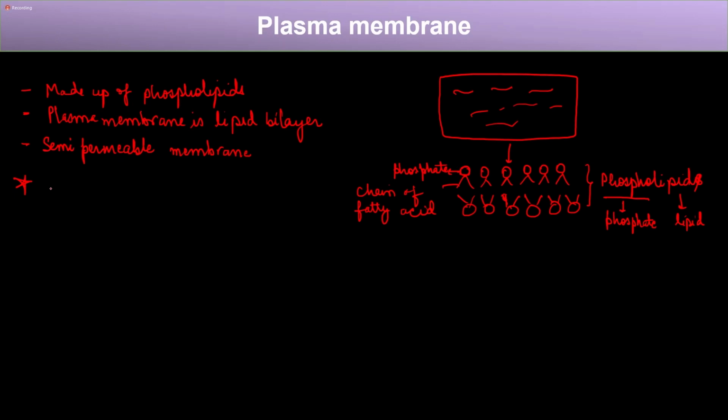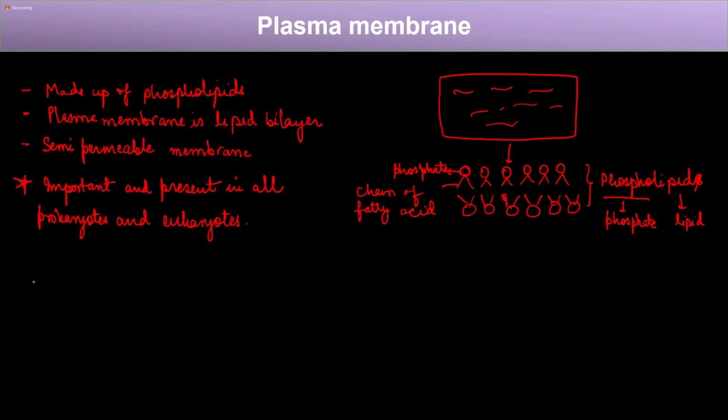We also studied in brief what a eukaryotic cell is. So there is no cell that does not contain a plasma membrane, because it is important for both prokaryotes and eukaryotes. So we have also studied in brief what the plasma membrane is, what it is made up of, and what its function is.